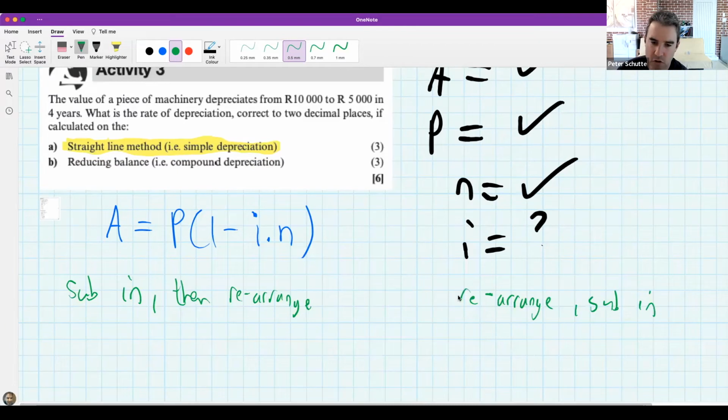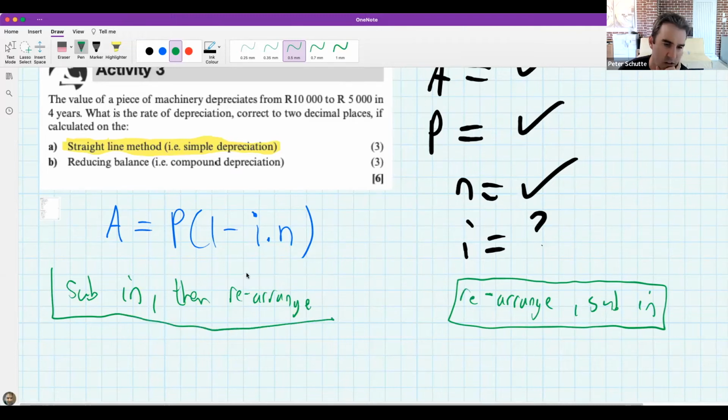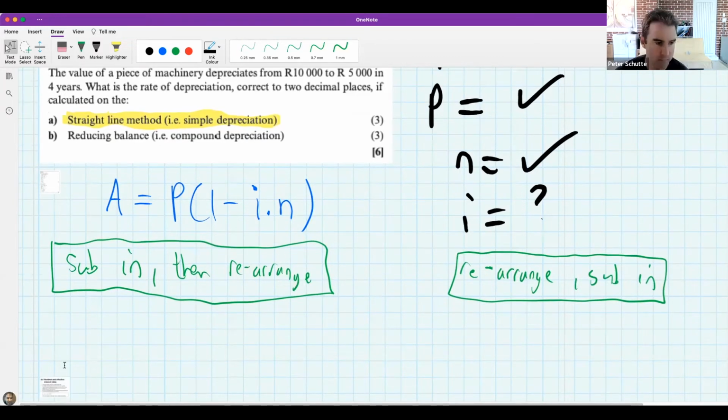I think those are the two main methods. One method is to sub in and then rearrange. And some of you will rearrange it first and then sub in. Those are both valid methods.